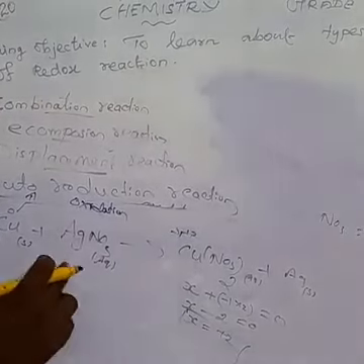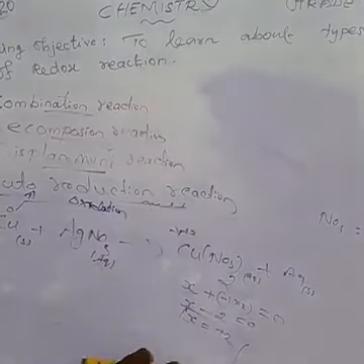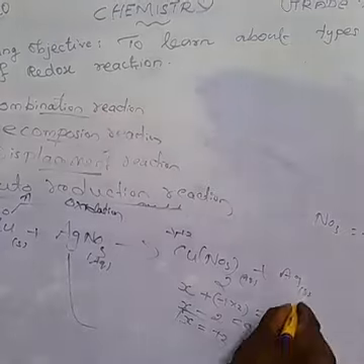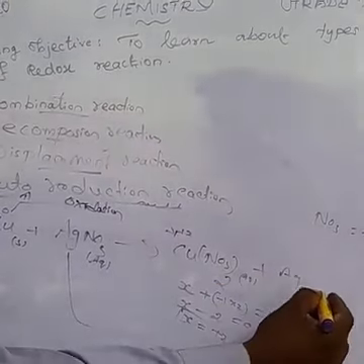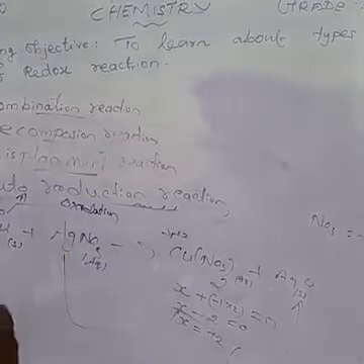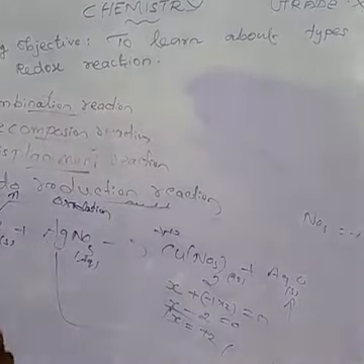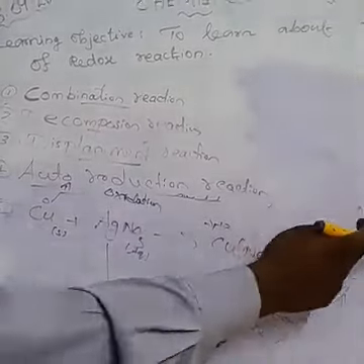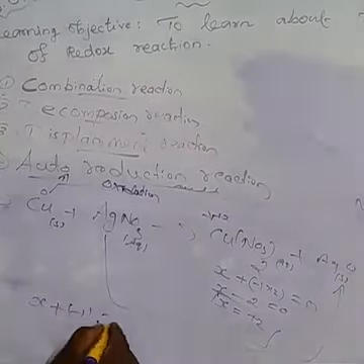Next, about silver. Silver exists freely, so we give the charge 0. What about silver nitrate? Silver is taken as X plus nitrate having -1 equals 0.